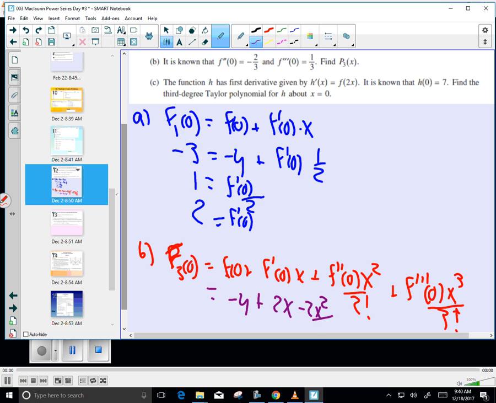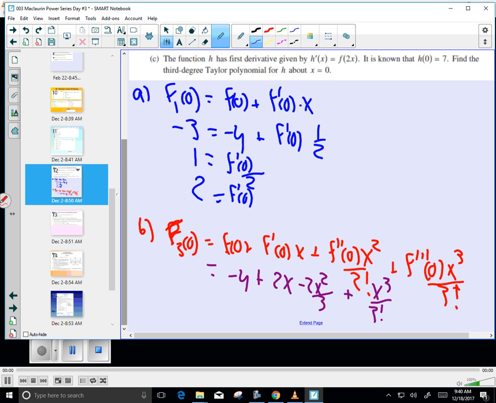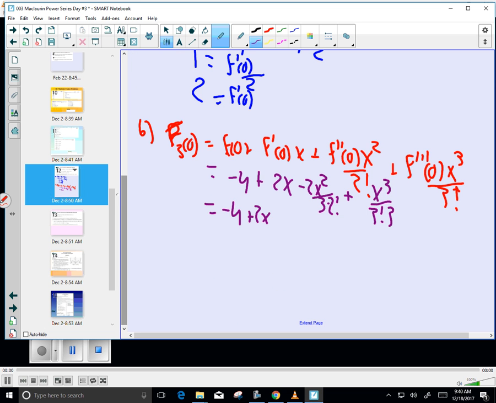2x squared over 3. And then the next one is going to be plus x cubed over 3 factorial times 3. And this is times 2 factorial. So simplified, it's negative 4 plus 2x. One of these 2's will cancel, and you'll get negative x squared over 3.